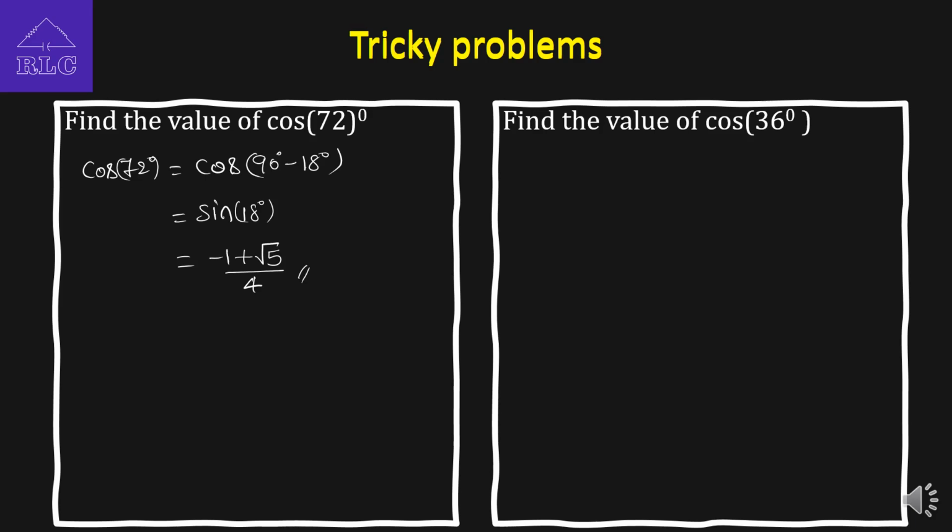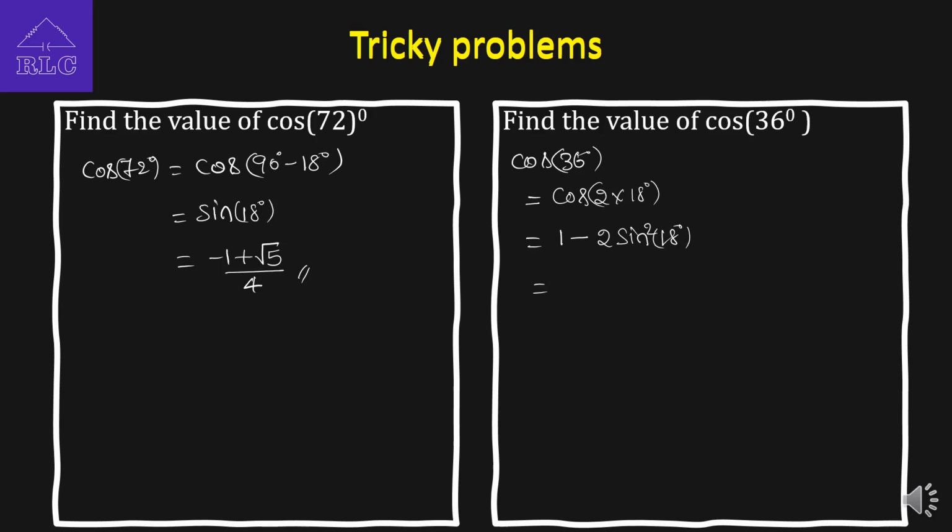Now let us think about cos 36 degrees. Okay, so cos 36 degrees is nothing but cos 2 into 18 degrees. Which can be expressed using cos 2a equals 1 minus 2 sin square a, that is sin square 18 degrees.